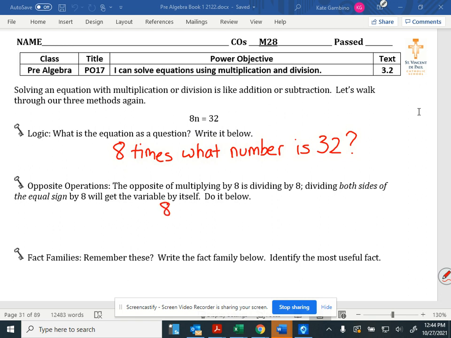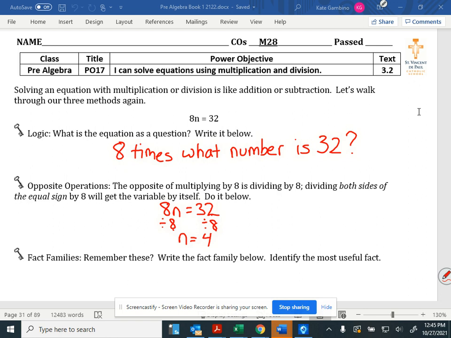So if we have 8n equals 32, we're going to divide by 8 and divide by 8. So 8 divided by 8 is 1. We don't have to write a 1 because 1 times anything is going to be the same number. So n equals 32 divided by 8, we know is 4.